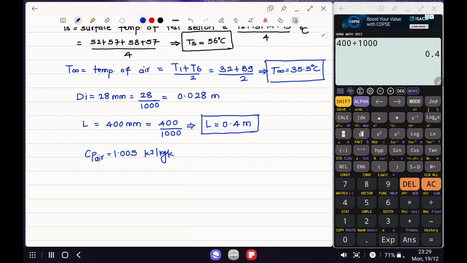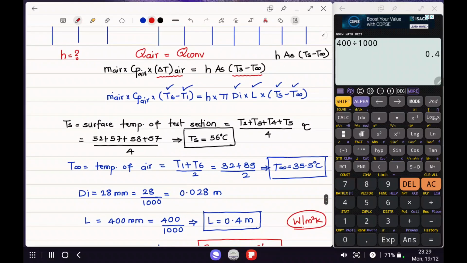Also, the unit of heat transfer coefficient will be watt per meter square Kelvin, and that's why we need to convert this kilojoule into joule. So Cp of air is equal to 1005 joule per kg Kelvin. Okay, so again one more input we have from our basic equation.